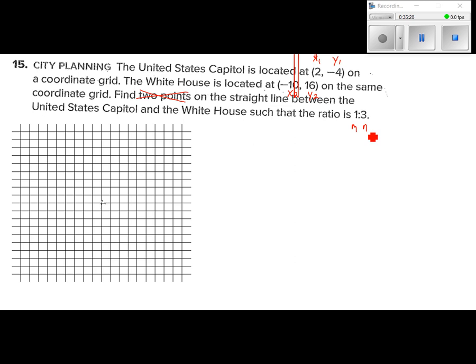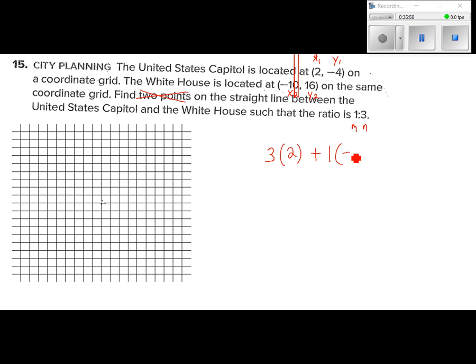What's our N this time? Three. 3. What's our X1? 2. 2. What's our M? 1. What's our X2?